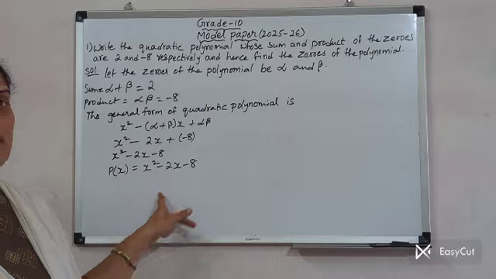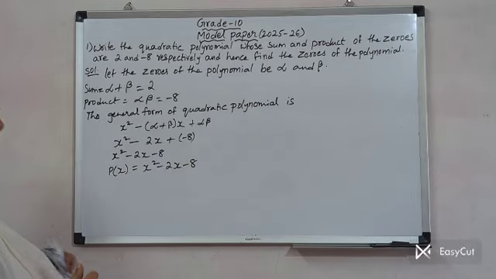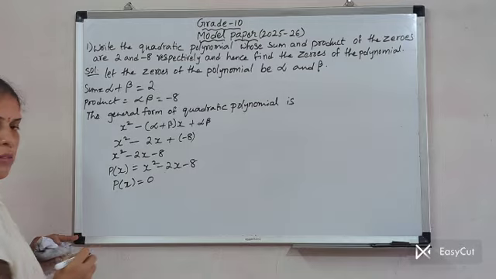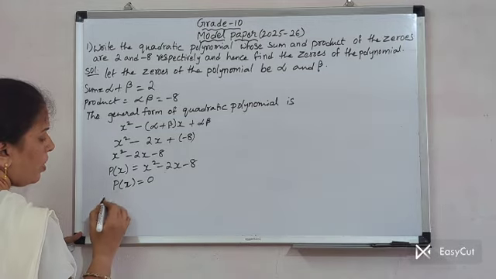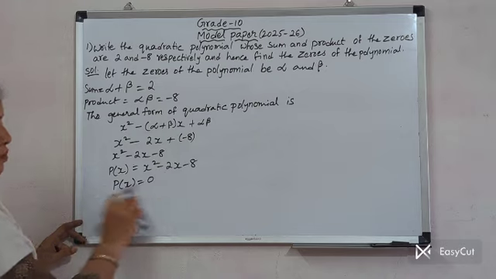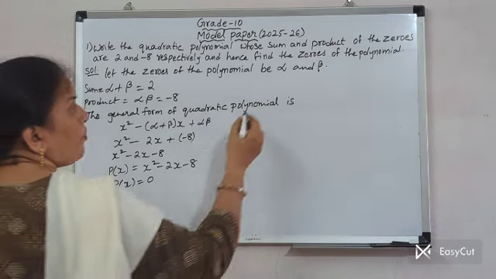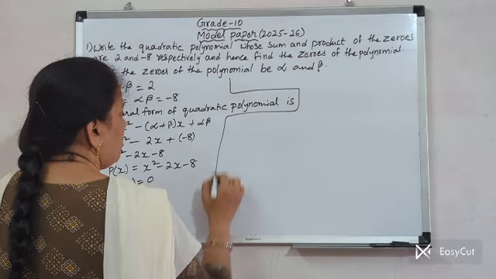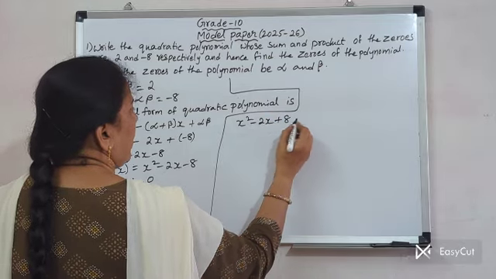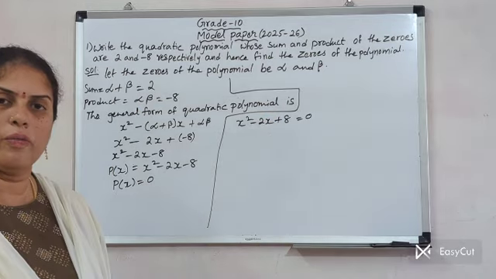Now we must find the zeros of the polynomial. Zeros of the polynomial means p of x is equal to 0. Okay. So x square minus 2x. I do not have sufficient place to complete it, so I am writing here. Okay? x square minus 2x minus 8 equal to 0.